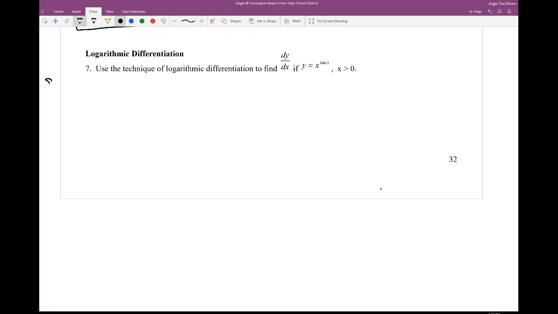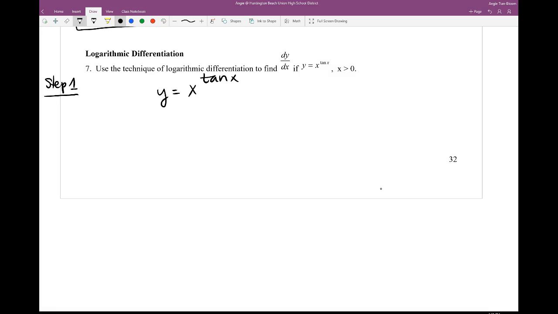So step 1, I'm going to spell everything out because it is quite challenging. Step 1, I'm going to write the equation. Y equals x to the power of tangent of x.